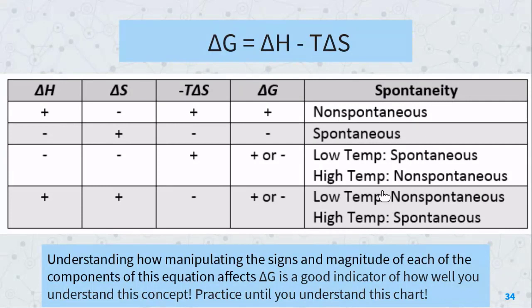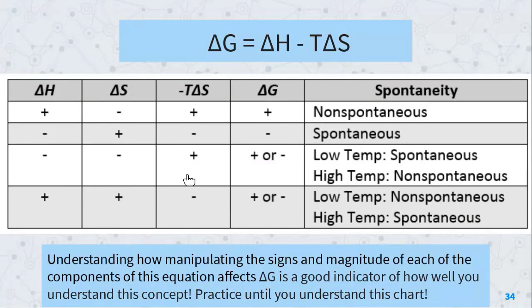Now these two rows are where it gets a little bit tricky because you have conflicting signs here. When they're both the same, it depends on the temperature to be able to tell whether it's going to be spontaneous. So our negative delta H is our favorable part. We want it to be exothermic, but we're decreasing entropy of the system.